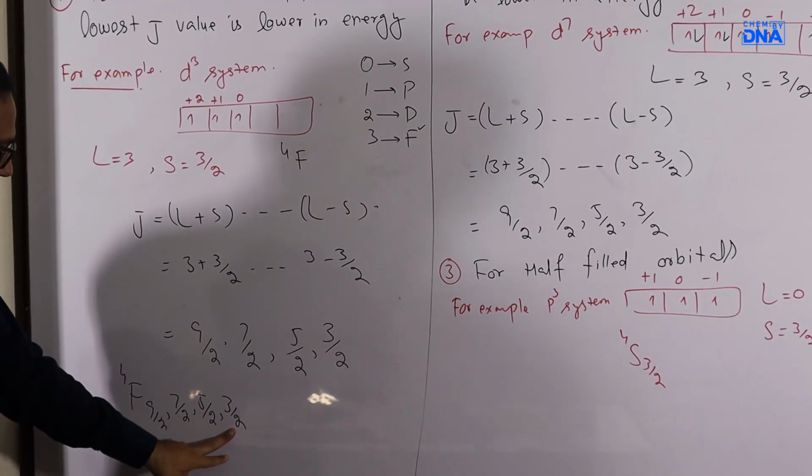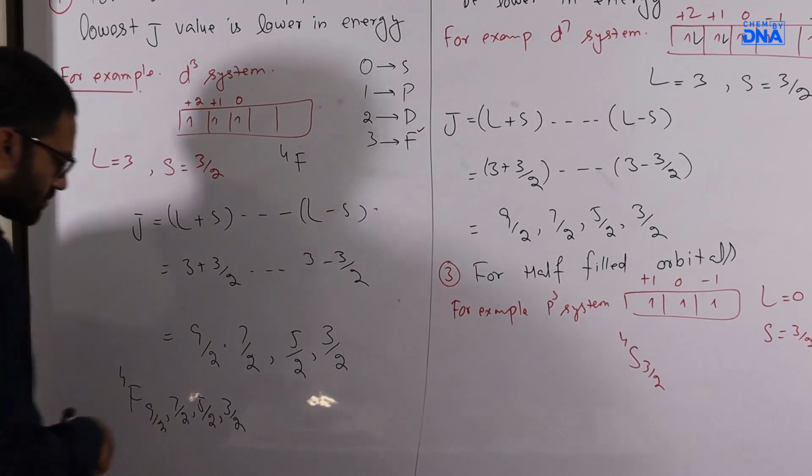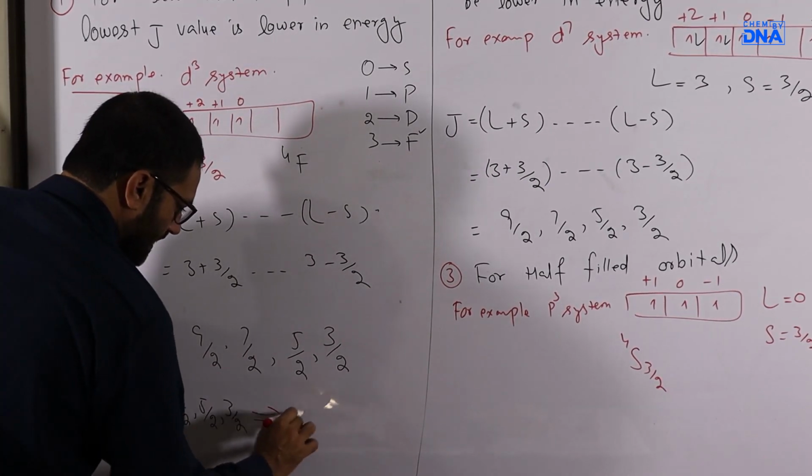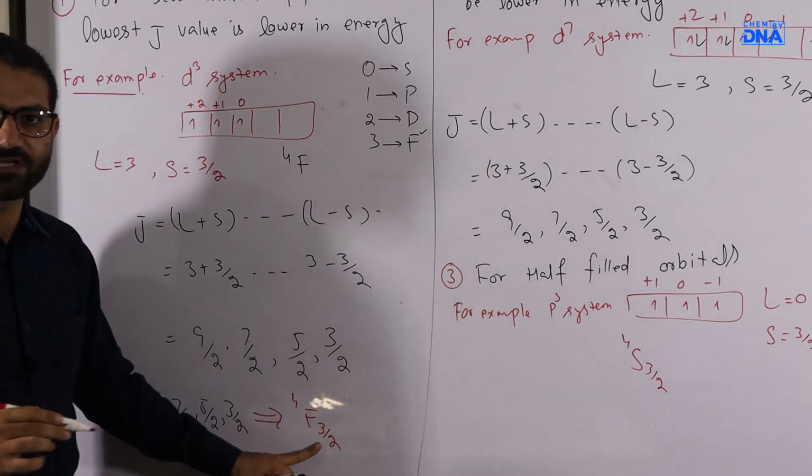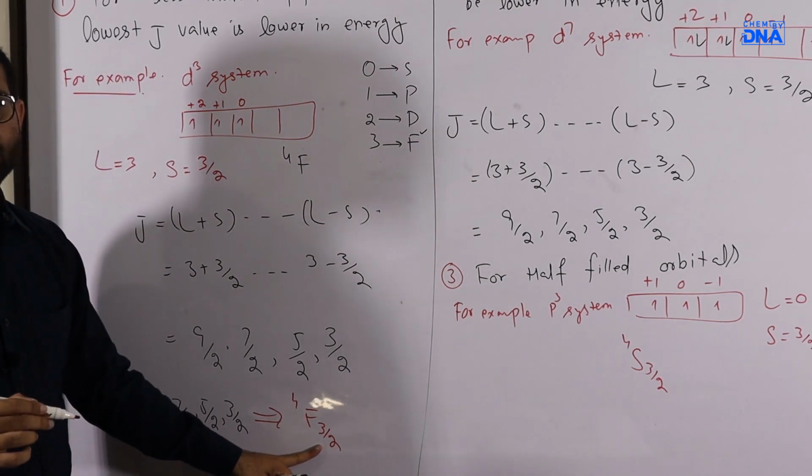So here F quartet 3/2 will be lower in energy.